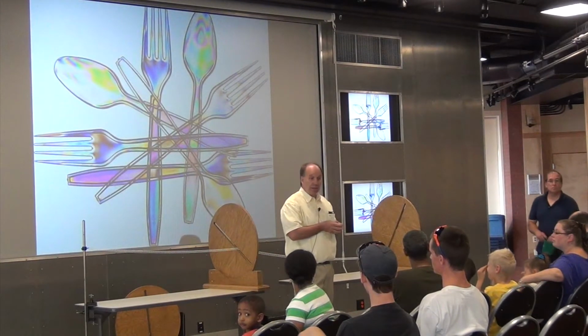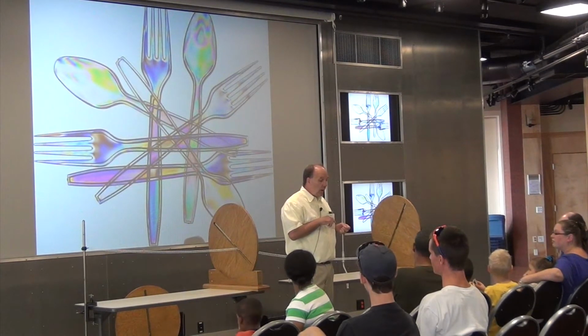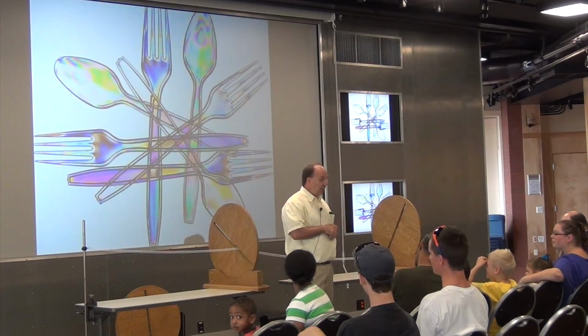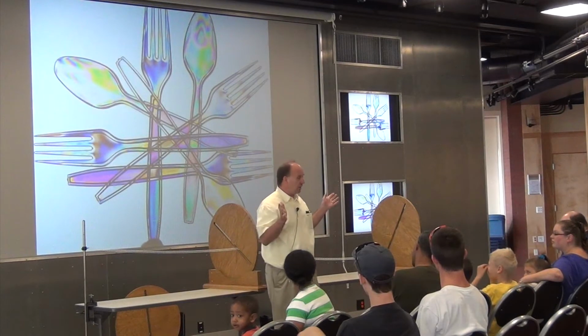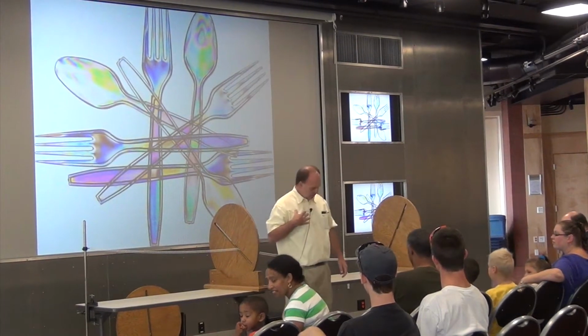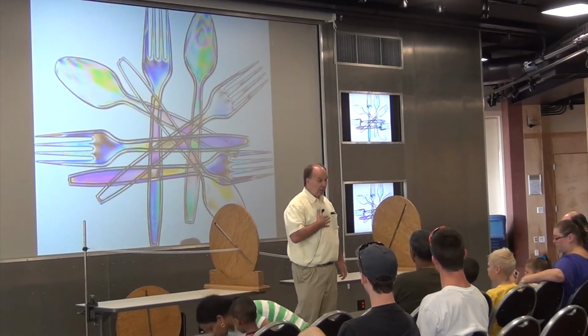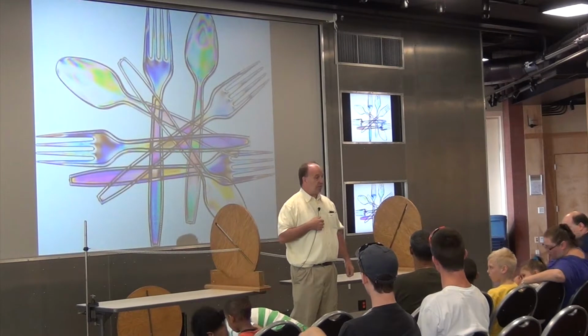So can somebody, maybe from the front row, tell me what the differences in light are? What I mean is, if all the light were the same, everything would look the same, right? So if you look at my shirt and then somebody else's shirt, and they look different, what's the difference between them?